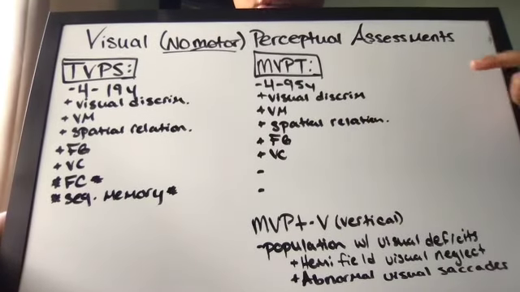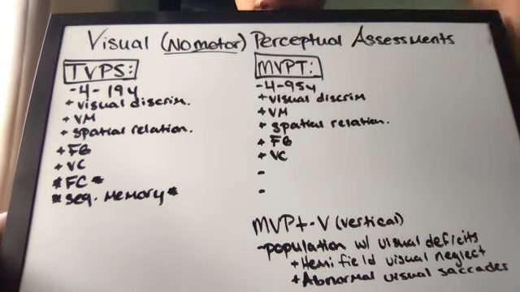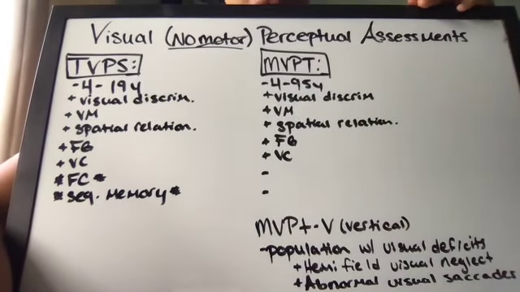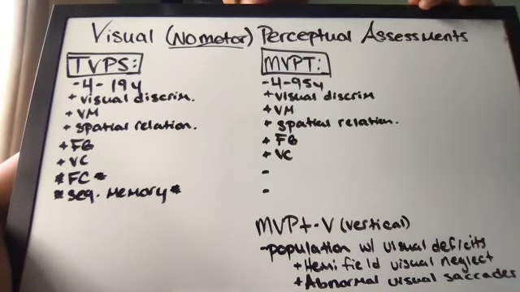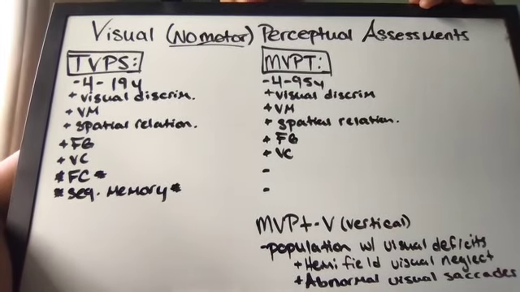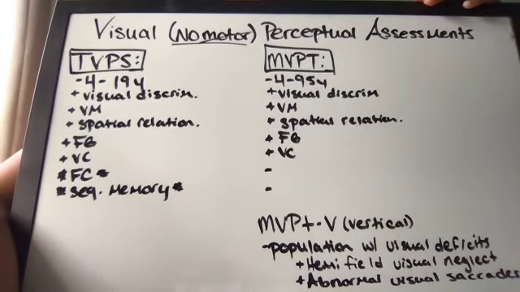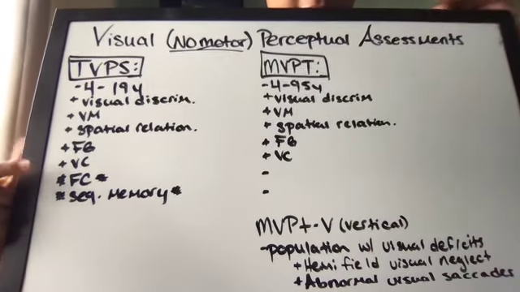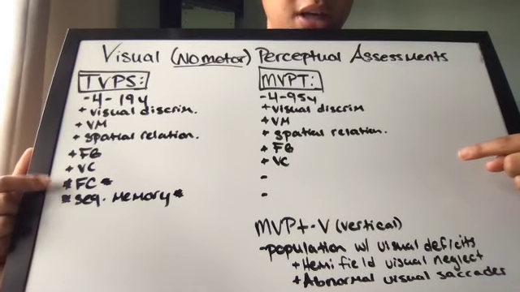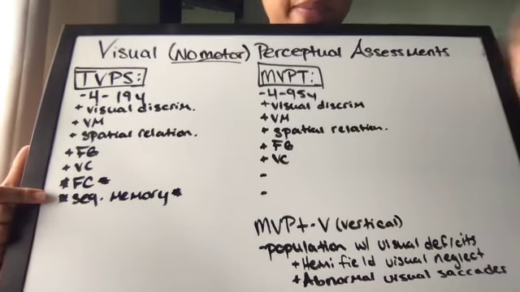Then we're moving on to the MVPT, or the motor-free visual perceptual test. This one is age 4 to 95, so well into old age, you can do this one. It's going to look at the same stuff as TVPS with the exception of no form constancy and no sequential memory.